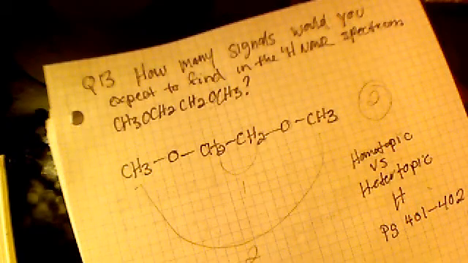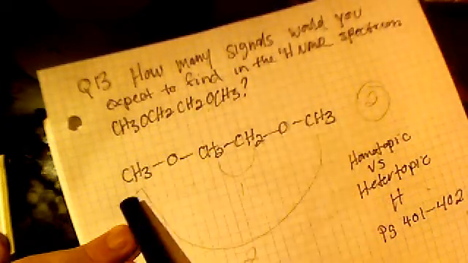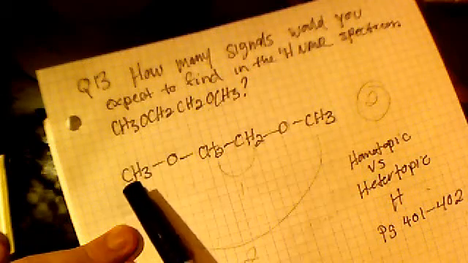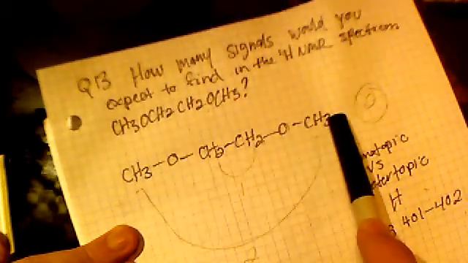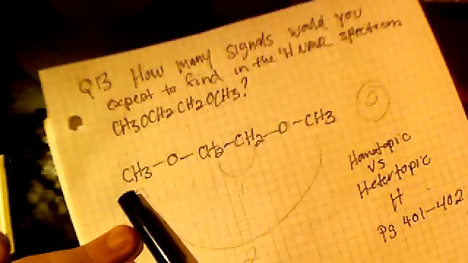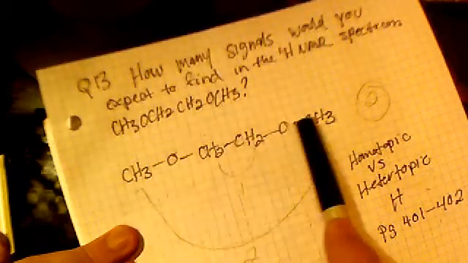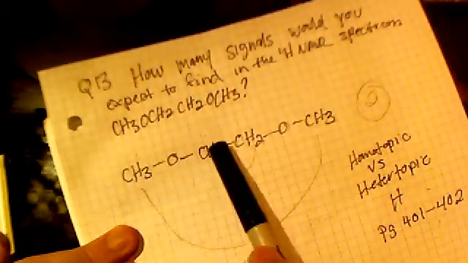If replacing the hydrogens by a different atom gives the same compound, the hydrogens are said to be homotopic. So these hydrogens here are homotopic because if I put a chlorine here or a chlorine here, this would become the first position in naming this molecule, and we would go across. And if I put a chlorine here, this would be the first, and we would go across. But it's symmetrical. So this is an ether, right?